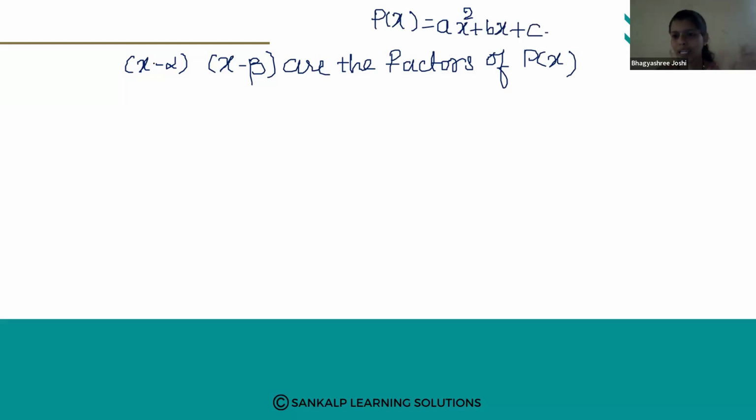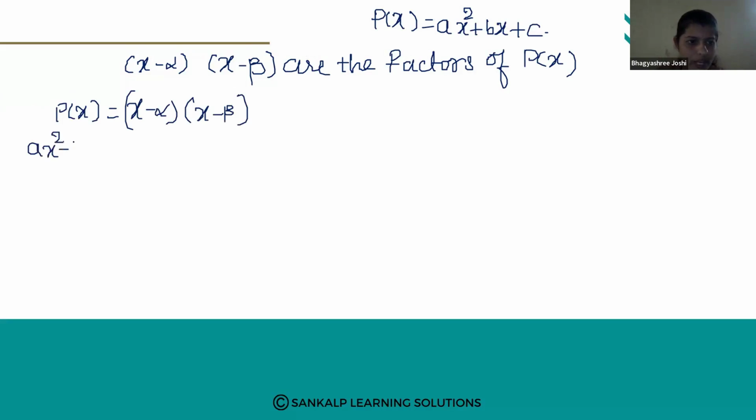So x minus alpha and x minus beta are the factors of the quadratic polynomial. Next, here p of x means ax square plus bx plus c is equal to x minus alpha into x minus beta.